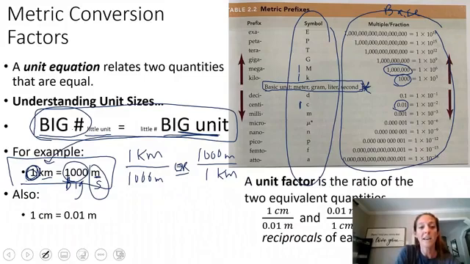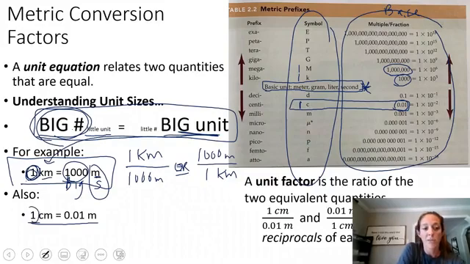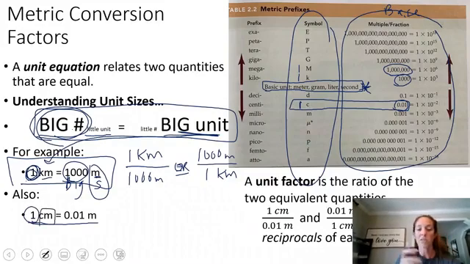Like I said, 1 centimeter is equal to 0.01 meters. Which one is the bigger number, 1 or 0.01? Obviously this one, big number, little unit. Centimeters are little. Compared to a meter, centimeters are small.